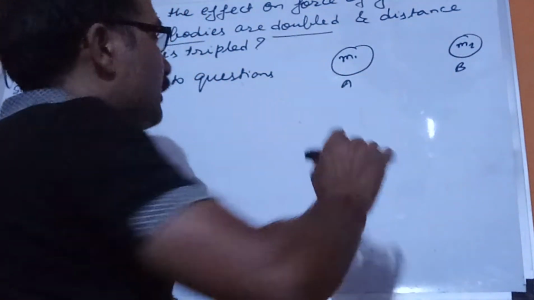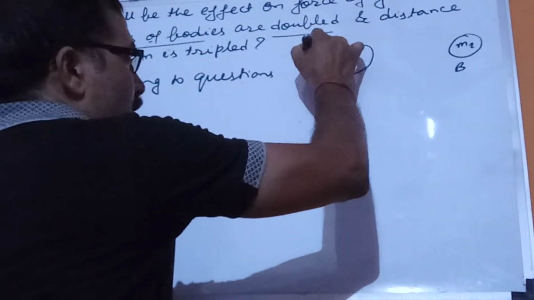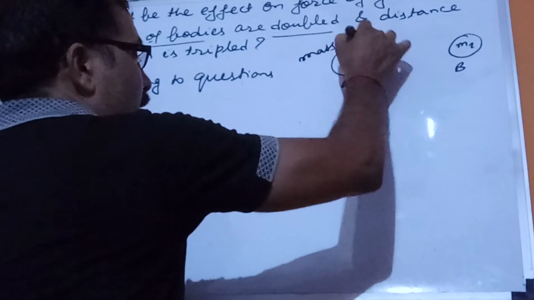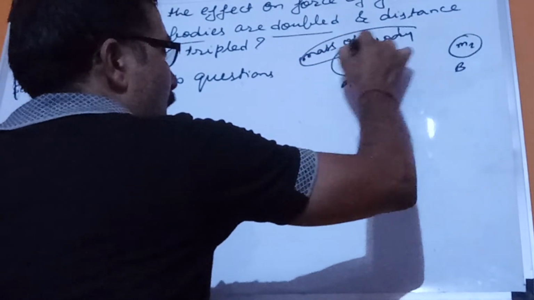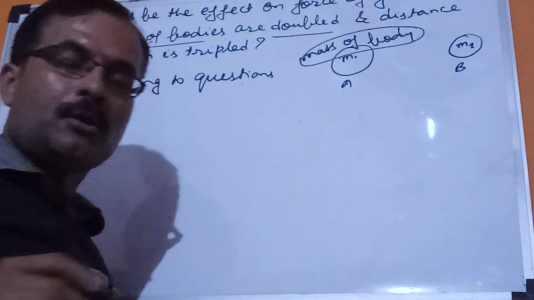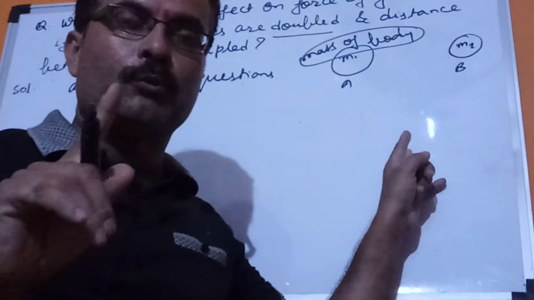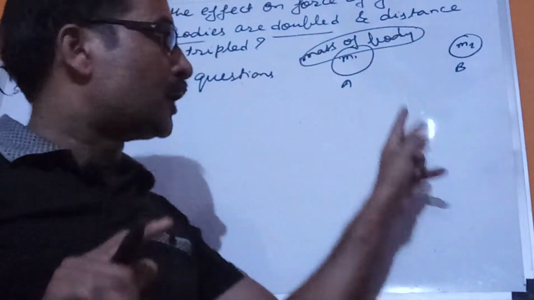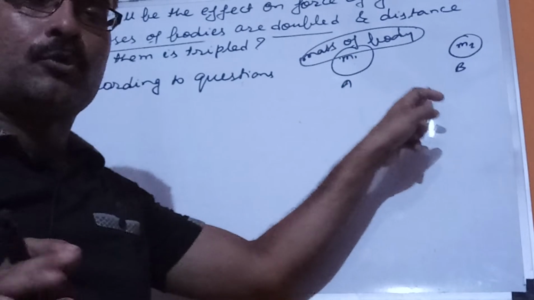But if instead of masses of bodies, mass of body is written, it means you have to change the mass of only one body. You don't have to change the mass of both bodies.